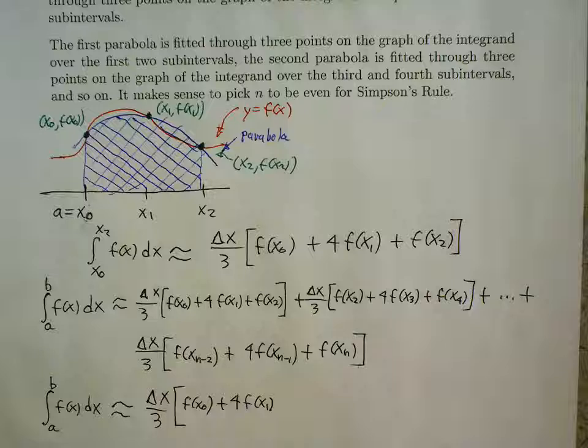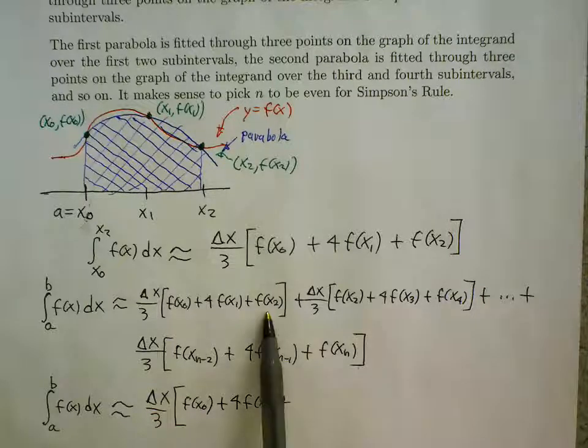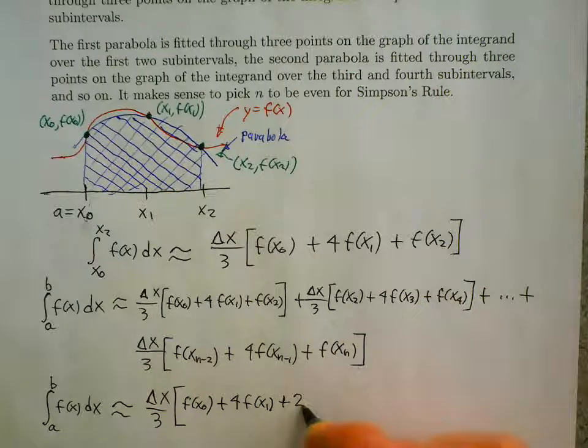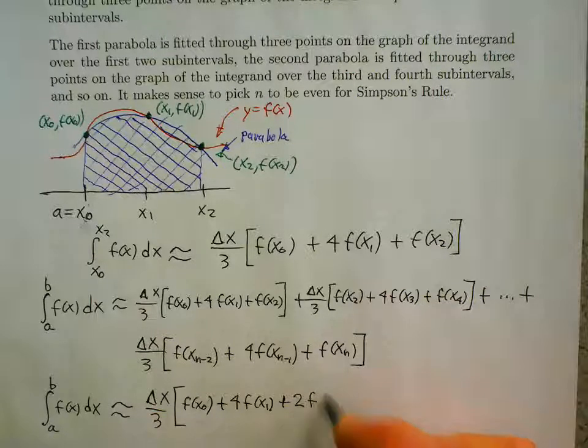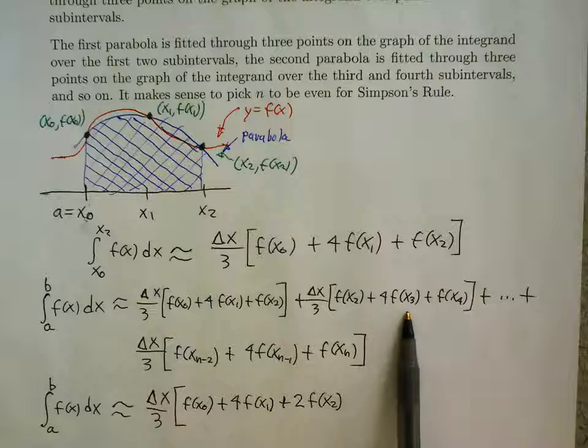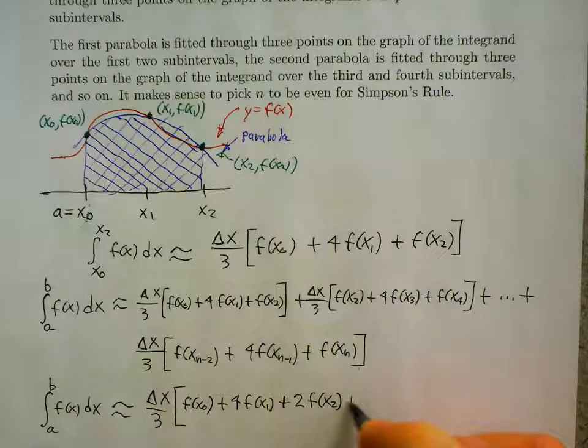But then what? What comes after that? Yeah, we have f of x sub 2 plus f of x sub 2. So we get 2 times f of x sub 2. And then the next term is plus 4 times f of x sub 3.